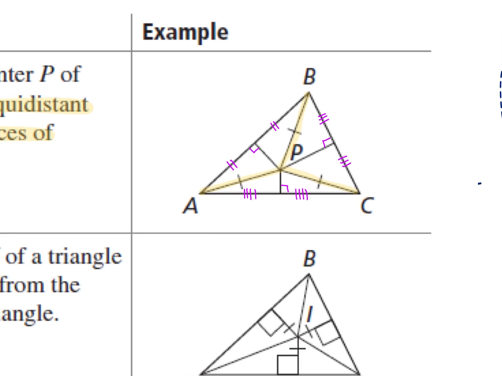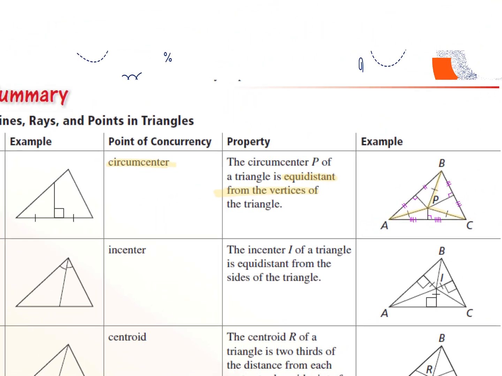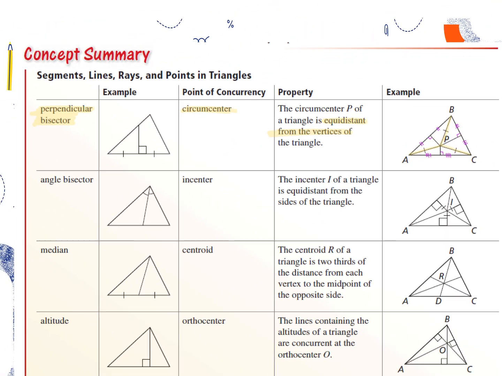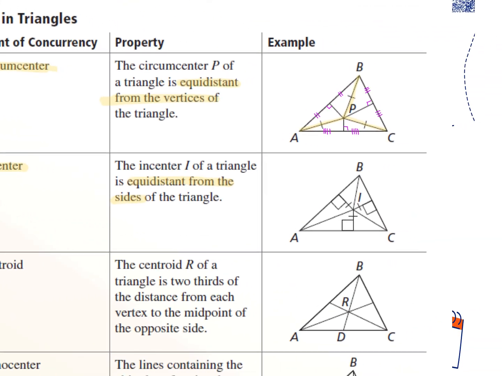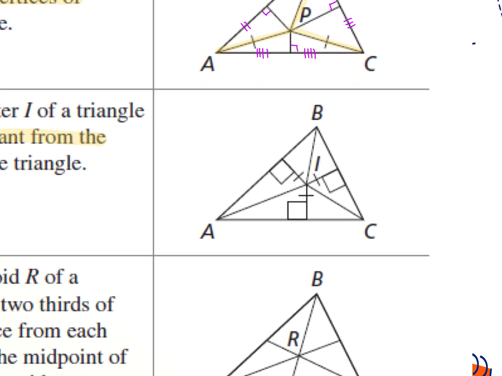Okay, this is circumcenter. Now I'm going to look at my incenter. With incenter, I'm dealing with angle bisectors. And with angle bisectors, for incenter, my sides are equidistant. Zooming in right here, they gave you those sides that are equidistant.